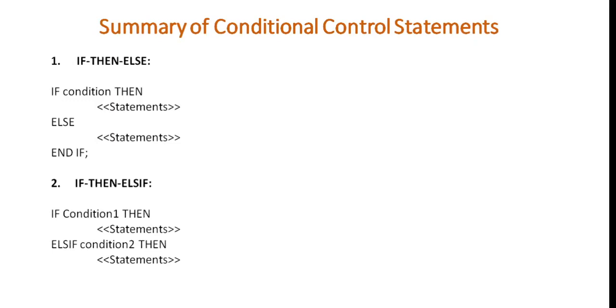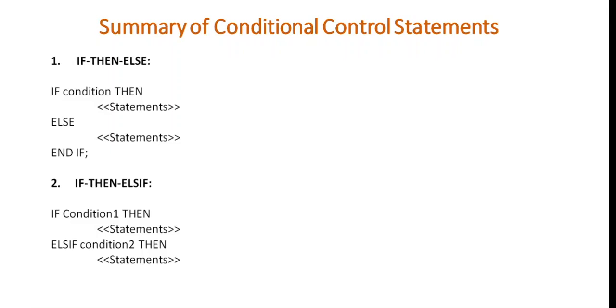Then we have IF THEN ELSIF. When we want to check more than one condition inside the IF statement, then we can go for IF THEN ELSIF. Here in the IF statement we write condition 1, that is, we check the first condition. If that condition is true, then the corresponding statements written inside the first IF will get executed.